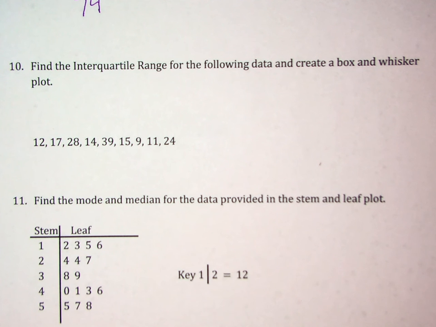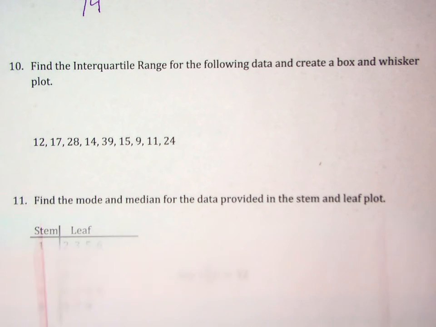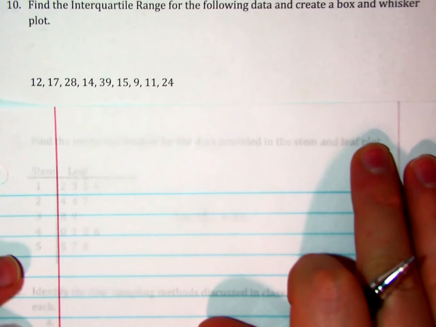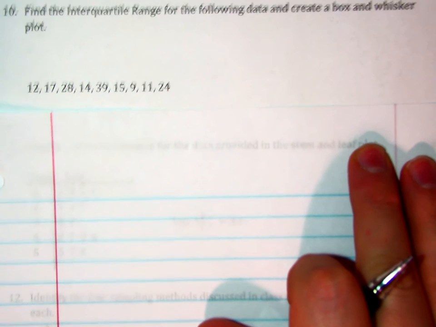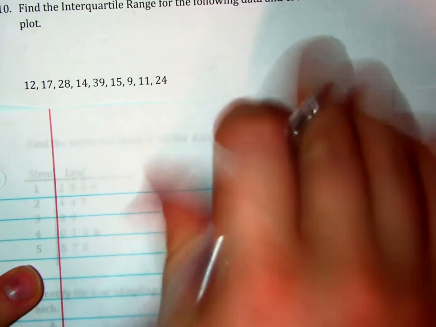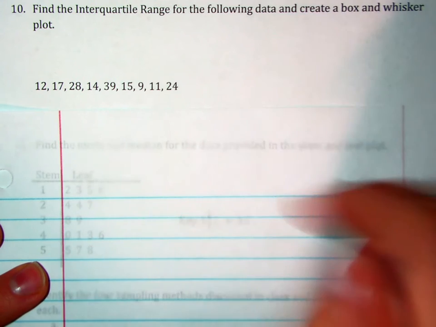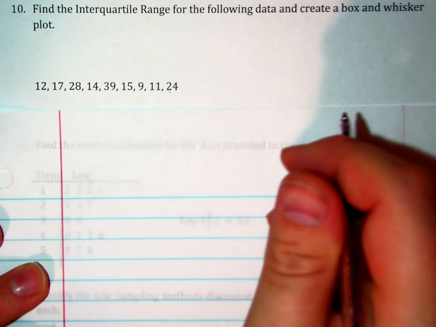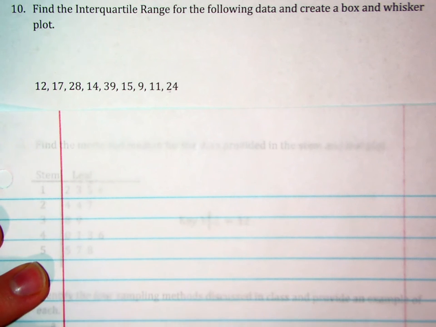Problem number 10. Find the interquartile range for the following data and create a box and whisker plot. Now, in order for me to find the interquartile range, I need to find some medians, which would mean that I would want to put these numbers in numerical order to make it easier for me to do something with them.